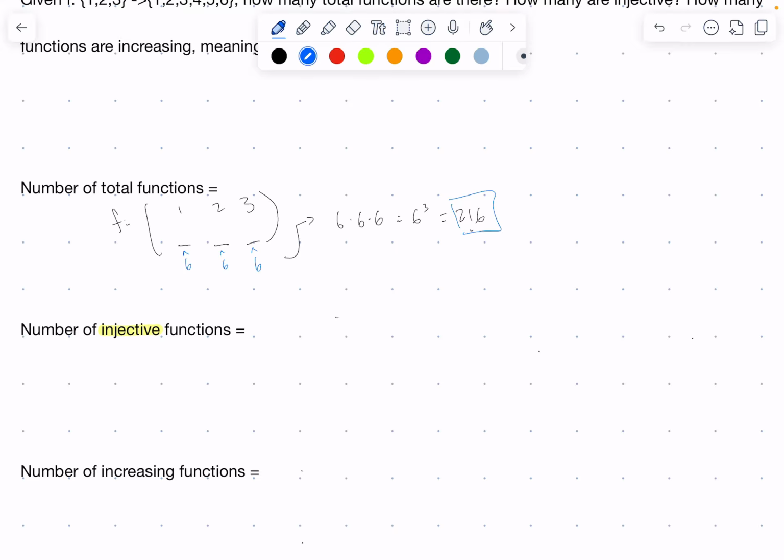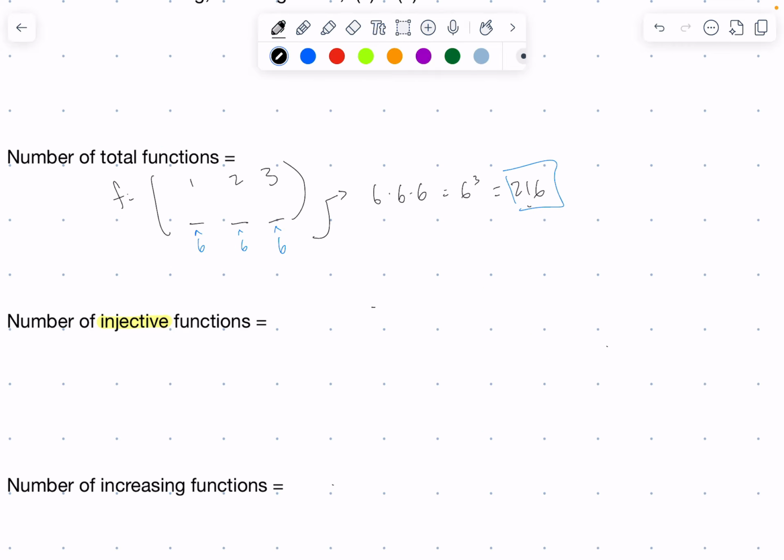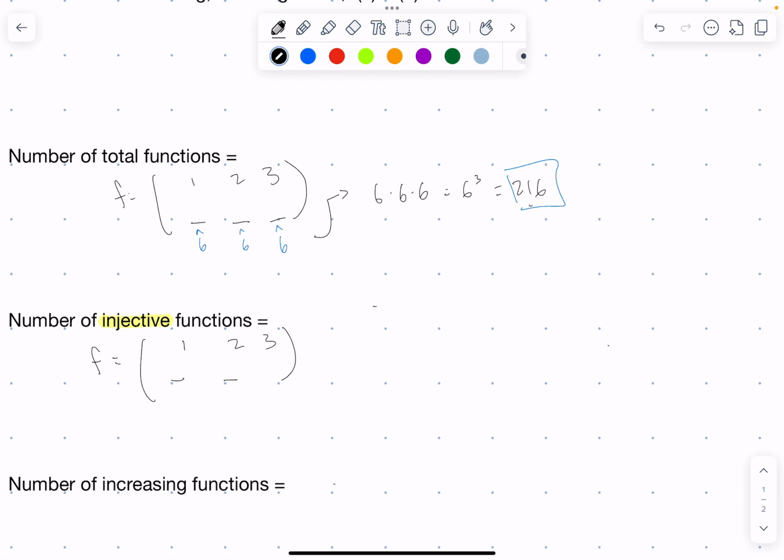What does this mean? Again, if we think about this in terms of two-line notation, we have our fixed inputs 1, 2, and 3, and a combination of outputs from 1 through 6. Because they're injective, we know we don't have any repeating elements, though some may be missing. So we have an option of 1 through 6 for the first output.